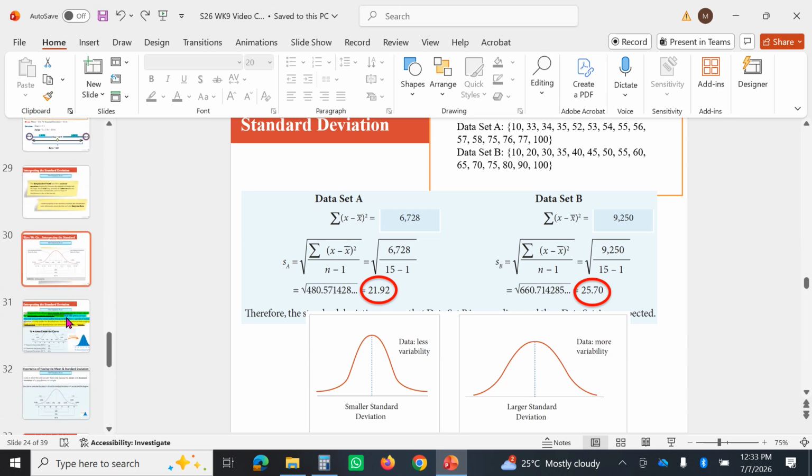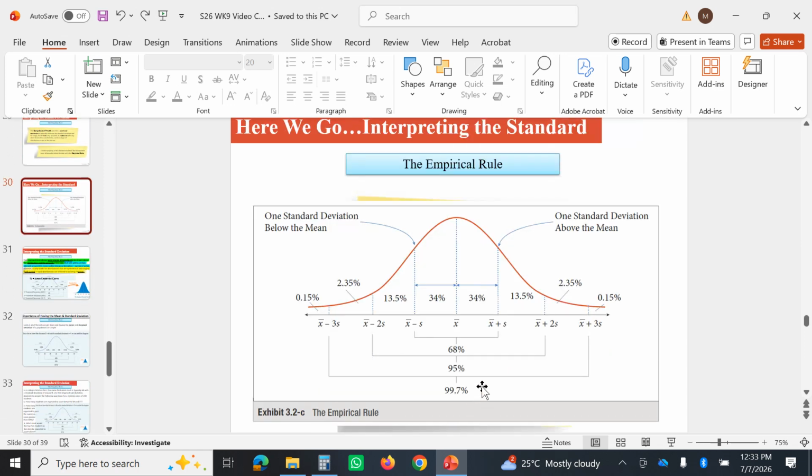So that is very important, because the standard deviation will differ. The tighter the standard deviation, the more uniform everyone is within your sample. People are thinking alike. The more spread out your standard deviation is, the more variability there is.